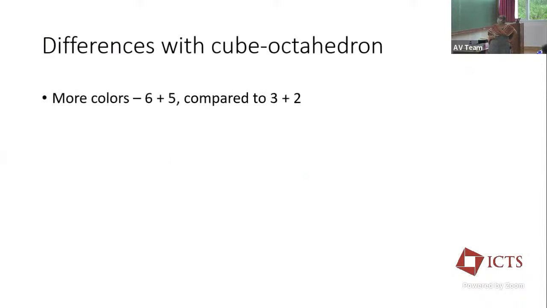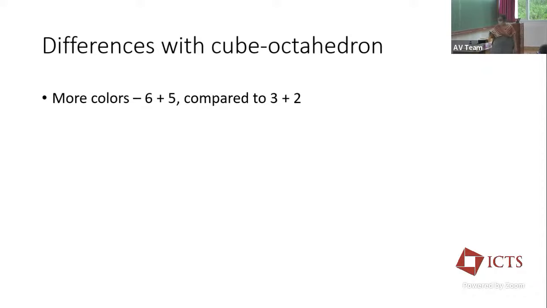So I'll tell you what happened. One big difference was colors, the number of colors. Coming up with a color scheme that is symmetric and all, okay, it became way more complicated.